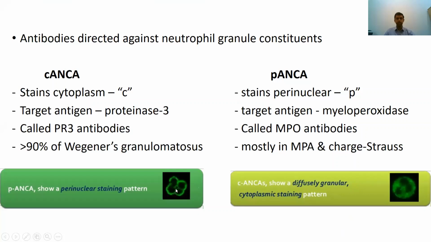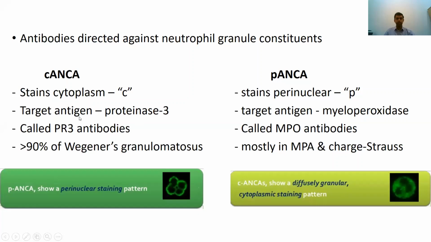And you can see immunofluorescence is staining around the neutrophil in the cytoplasm only. And that is why it's called a cytoplasmic C ANCA, because it stains like that. If you take the perinuclear one, here you can see it's staining around the nucleus. There you say it's perinuclear ANCA.